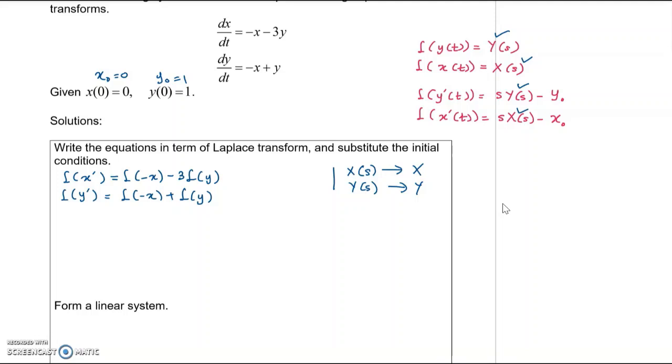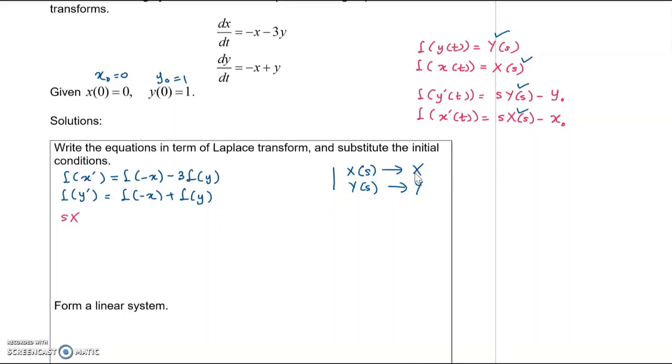Now the Laplace of x prime, according to the formula that we have here, is supposed to be s times X(s) minus x naught.